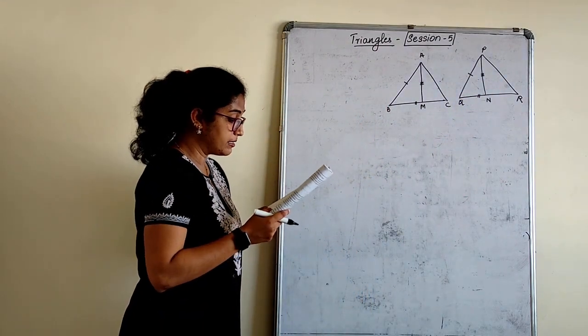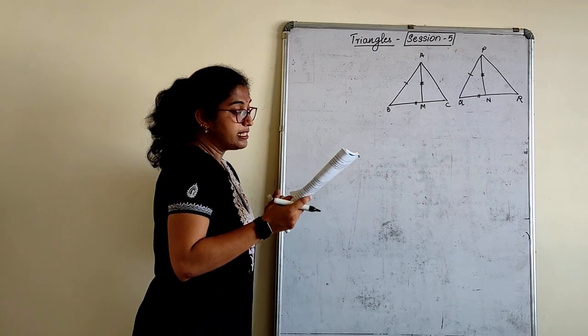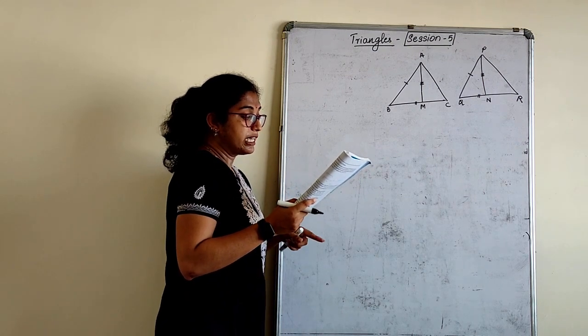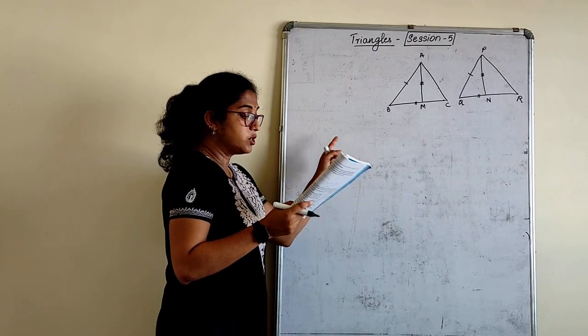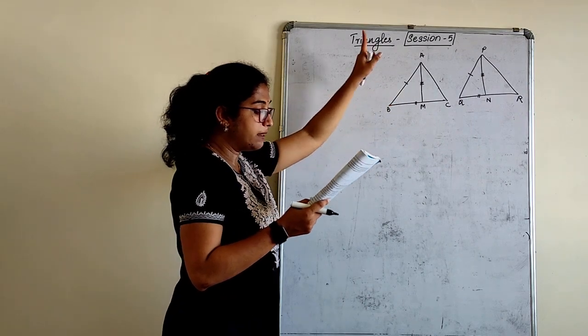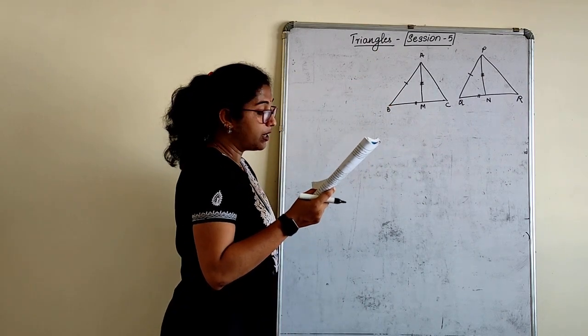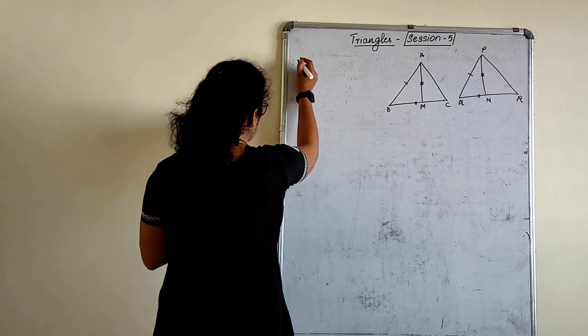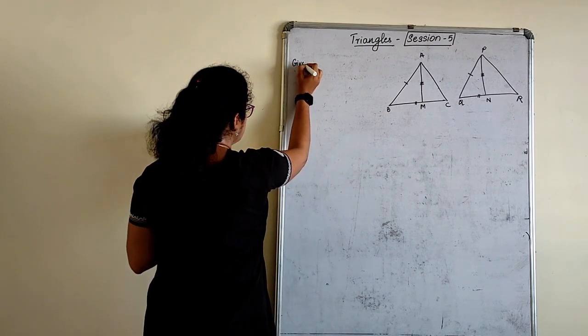It is given like this. Two sides AB, BC and the median AM of triangle ABC are respectively equal to the sides PQ, QR and median PN of triangle PQR. Show that. Let's write in the given.